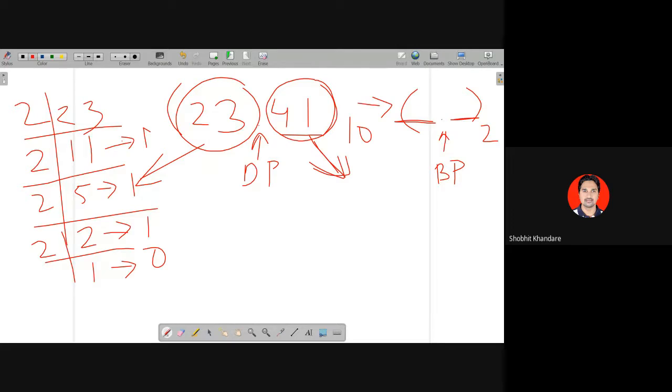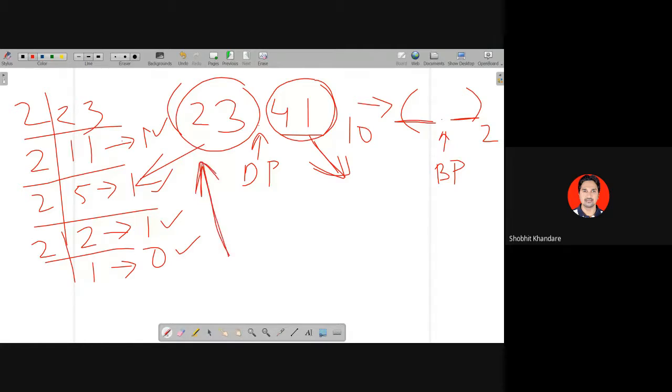Now whenever you are doing this type of calculation, whatever numbers we are getting here, we have to focus on the remainders only: 1, 1, 1 and 0. But don't forget, we also have to consider the sequence, so here we have to go from bottom to top. The arrow is important.